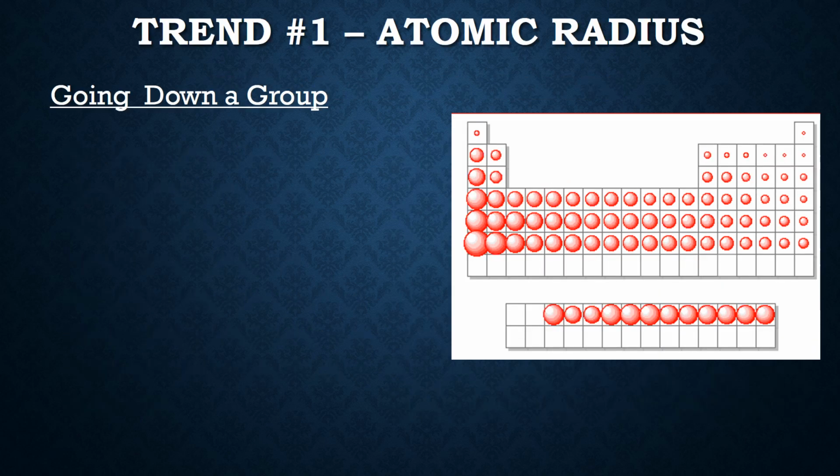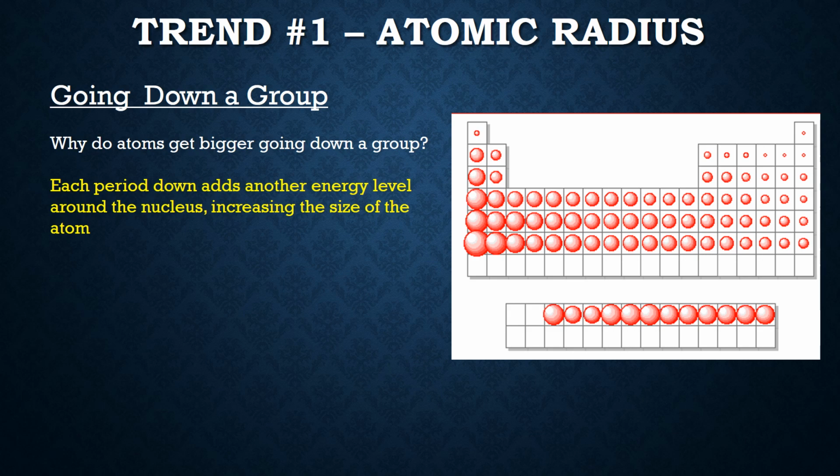Let's talk about why. So as you go down, what's happening? Well, think of it this way. As you go down, remember each period represents an energy level. Okay? So why do they get bigger as they go down? Because every time you go down a row, down a period, you're adding another energy level, which increases the size of the atom. So if you have your nucleus, you have the first energy level, you're there.